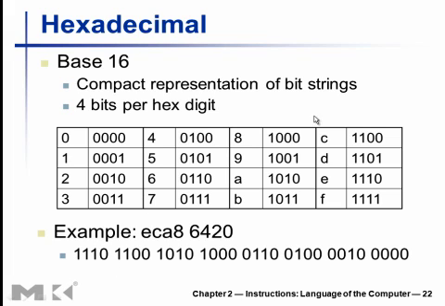Each group is then converted based on this table from 0 to 15. Be careful that for numbers larger than 9, A represents 10, B is 11, C is 12, D is 13, E is 14, and F is 15. That's the convention. Lowercase or uppercase doesn't matter.